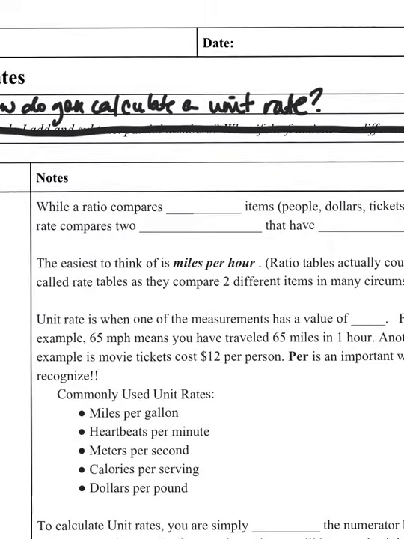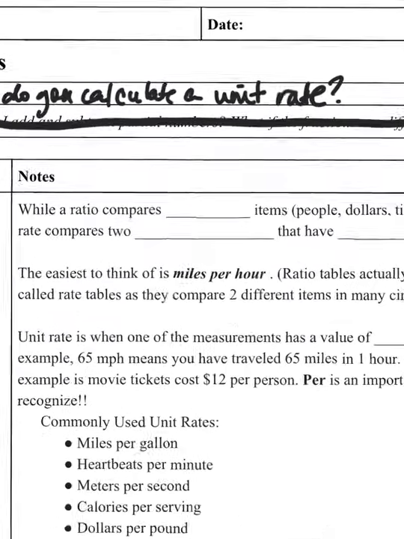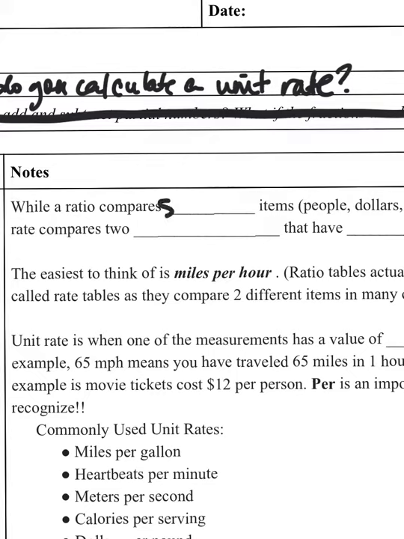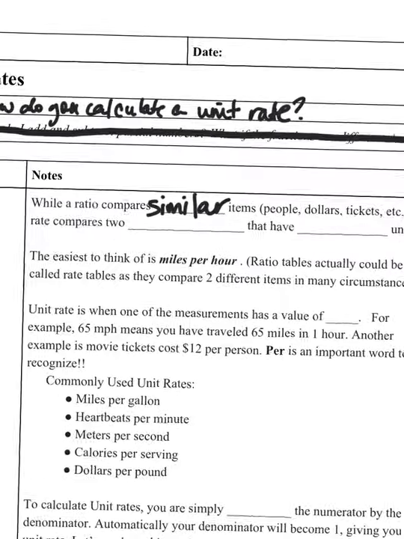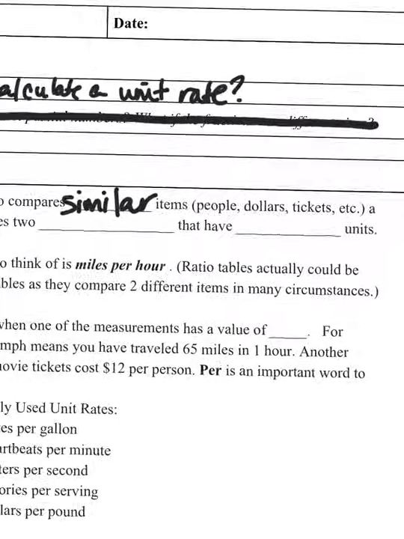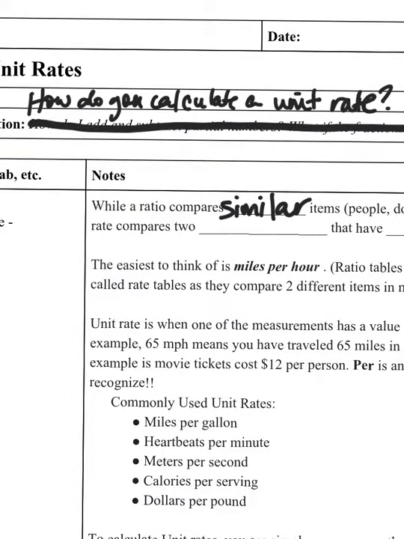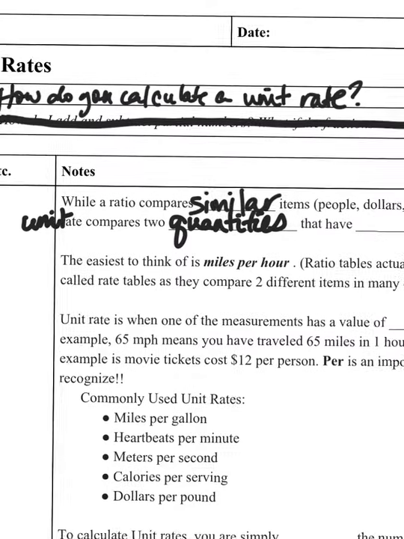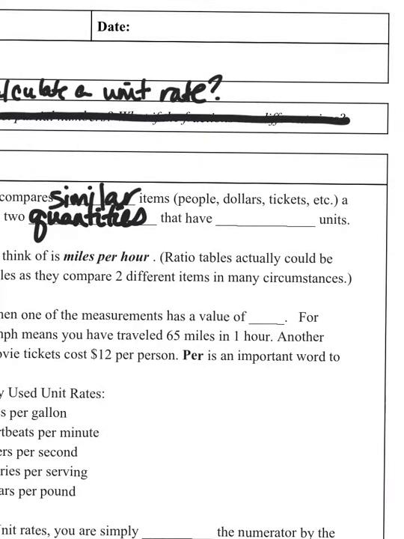So while a ratio compares similar items like people, dollars, tickets, a unit rate, let's add that word in there, unit rate compares two quantities that have different units.